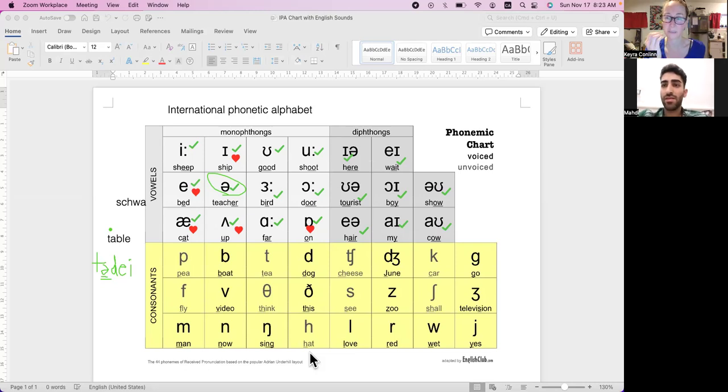Your tongue is kind of in the middle. The consonants, on the other hand, use your lips, they use the tongue to touch, and they use their teeth, and that's where you get the sounds.